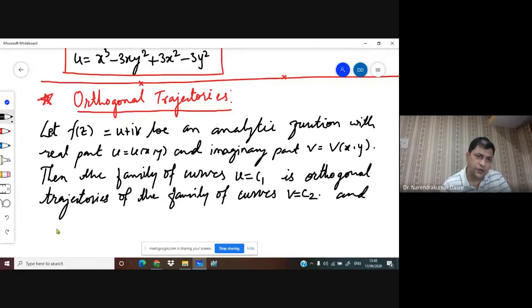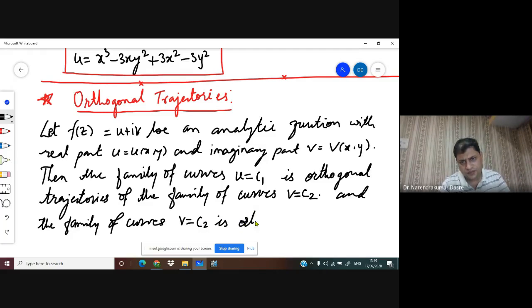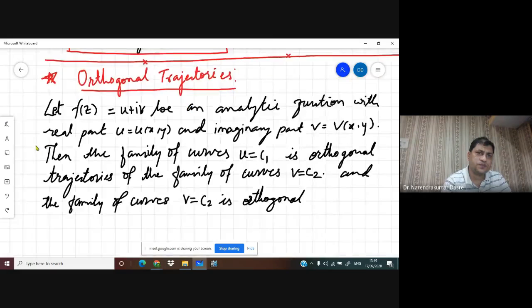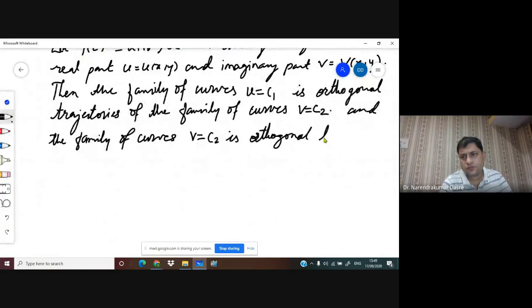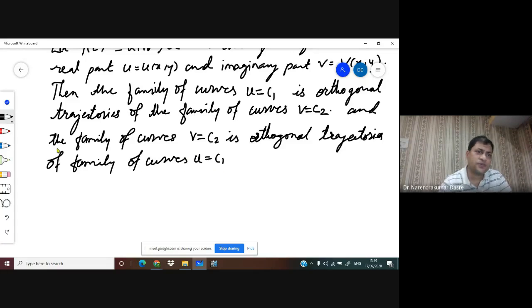And we can say it otherwise also: the family of curves v is equal to c2 is the orthogonal trajectories of the family of curves u is equal to c1.